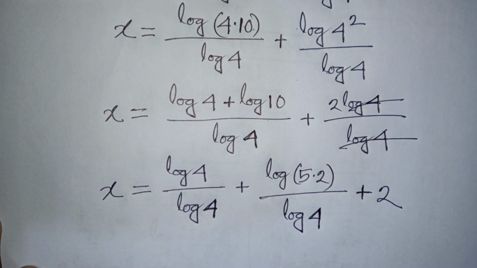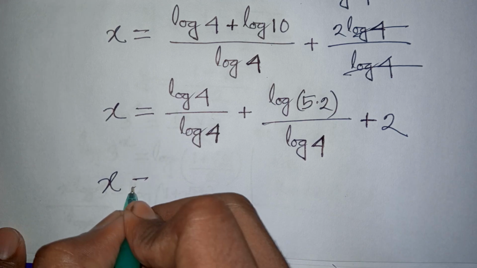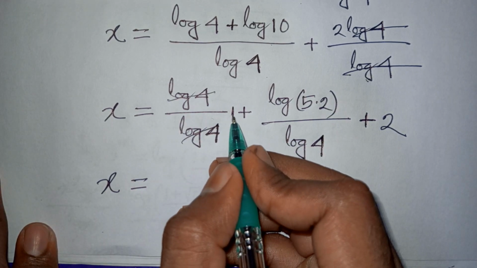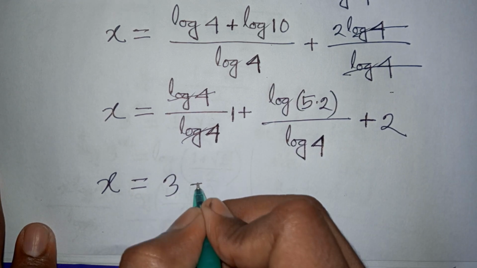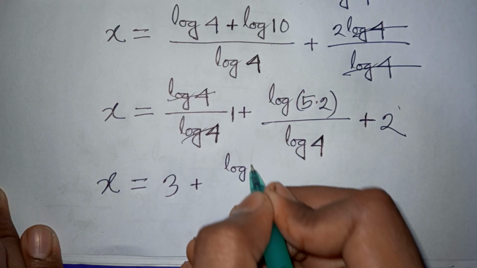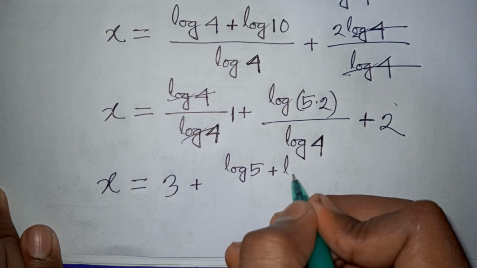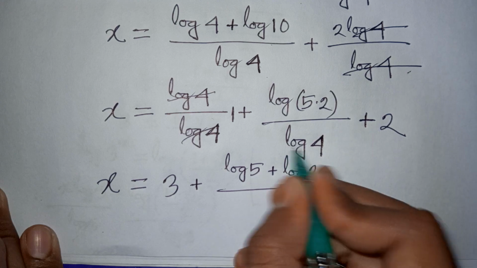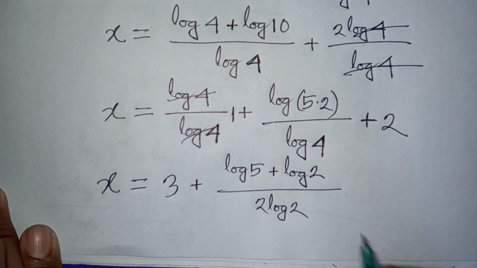In the next step, x is equal to this log 4, this log 4 will be cancelled here. So on plus 2, that means 3, plus log of 5 times 2, which is the same as log 5 plus log 2, over log 4, which is the same as 2 log 2.